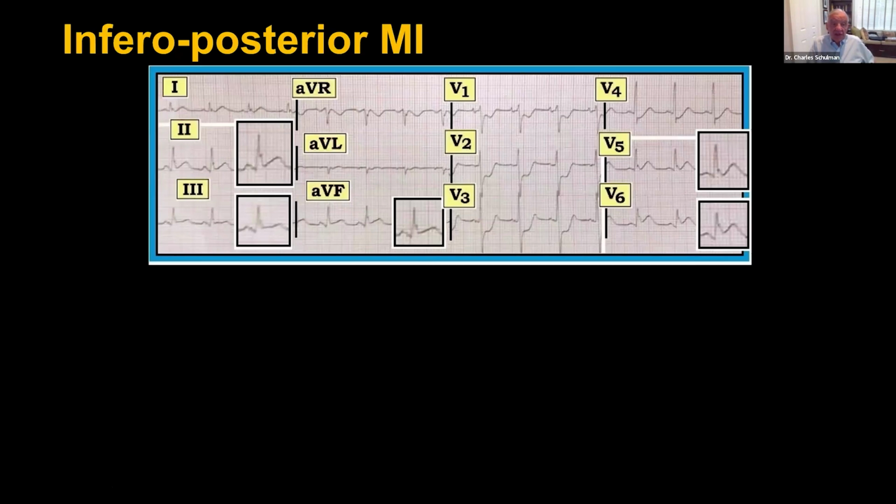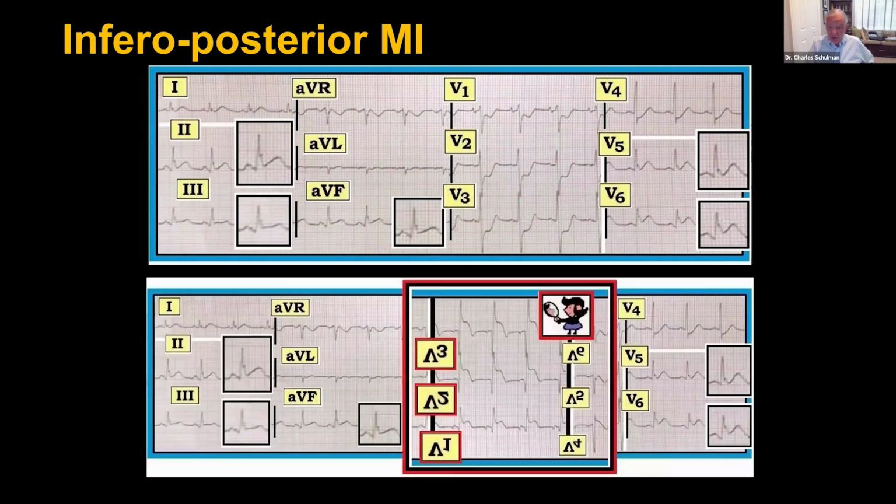Okay. Here is what's called infero-posterior MI. So highlighted here are ST elevations in leads 2, 3, and AVF. And you notice these very deep ST depressions in V1 through V3. If you put that up to a mirror, however, and reverse leads V1, 2, 3, it looks like ST elevation.